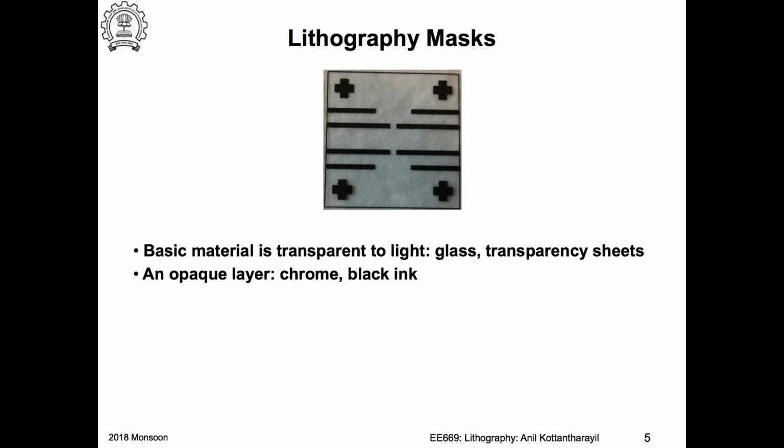That is why electron beam lithography takes a long time, unlike optical lithography, where you just turn on the light for a few milliseconds or seconds, and then the whole wafer or substrate is exposed. The opaque layer, very common for optical lithography, would be chrome. Iron oxide is also very commonly used. And then black ink, if you want to print it on transparency sheets.